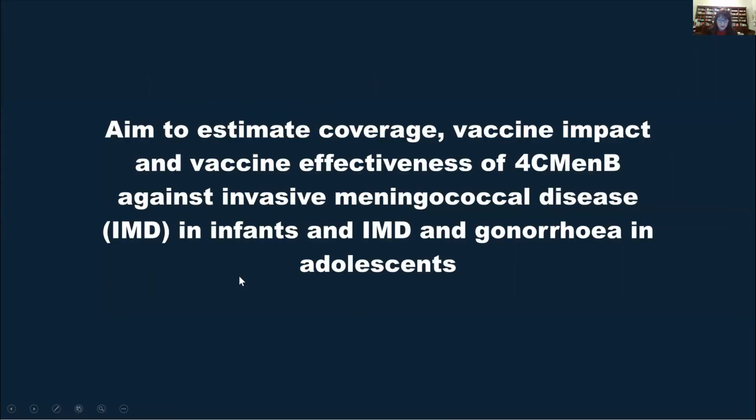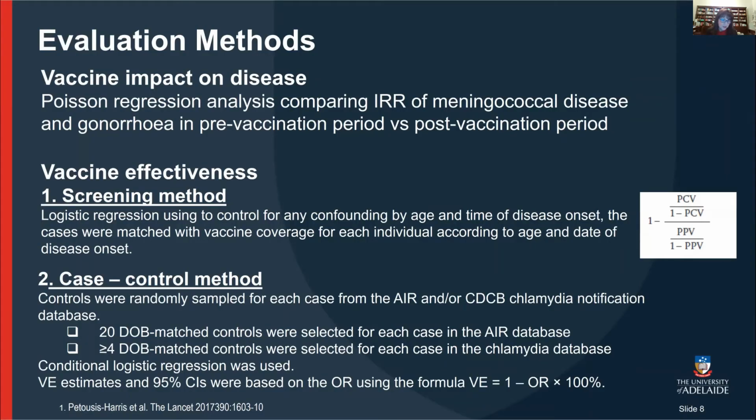So we aimed to estimate coverage, the vaccine impact and effectiveness against meningococcal disease in infants, and then in adolescents, meningococcal disease and gonorrhea. We used published methodology to measure vaccine impact and effectiveness. With vaccine impact, we compared the incidence rate ratio of meningococcal disease in the pre and post vaccination period, very similar to how they've measured vaccine impact in the UK.